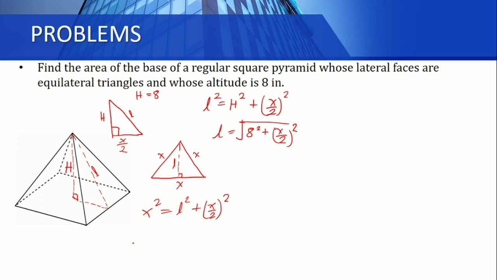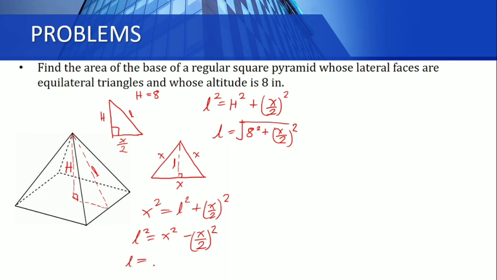So that will be L squared is equal to x squared minus x over 2 squared.